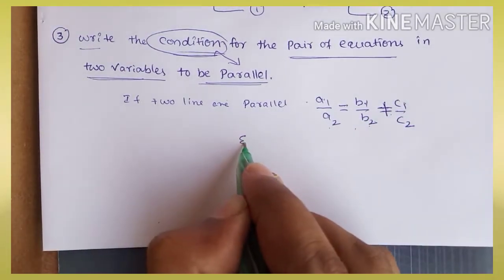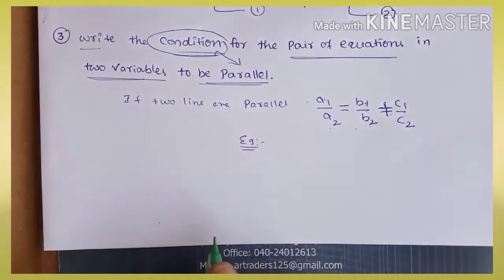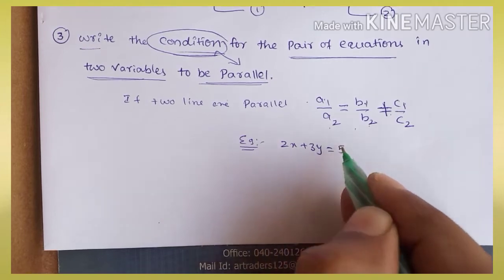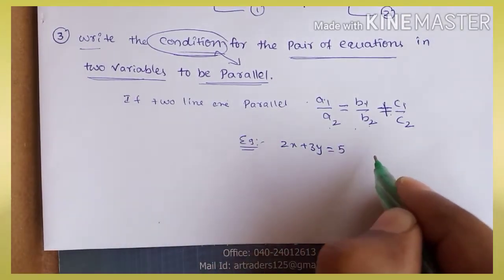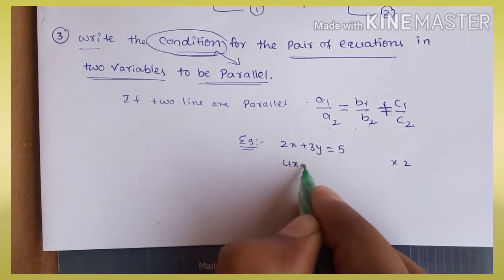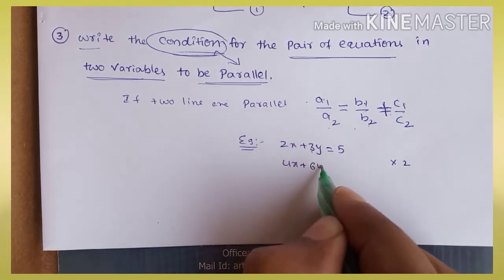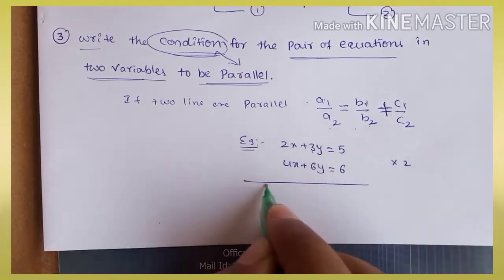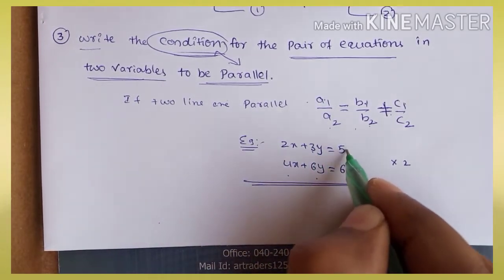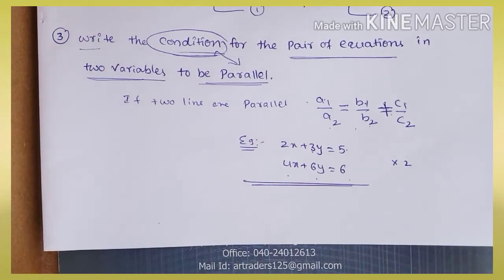You can write one example also, it may be impressive. 2x plus 3y is equal to 5, and multiply the same equation by 2: 2 2s are 4x, again 3 2s are 6y is equal to 5 times 2, which you can write as 10 or some other constant. A1 by A2, B1 by B2 are definitely not equal to C1 by C2 here.